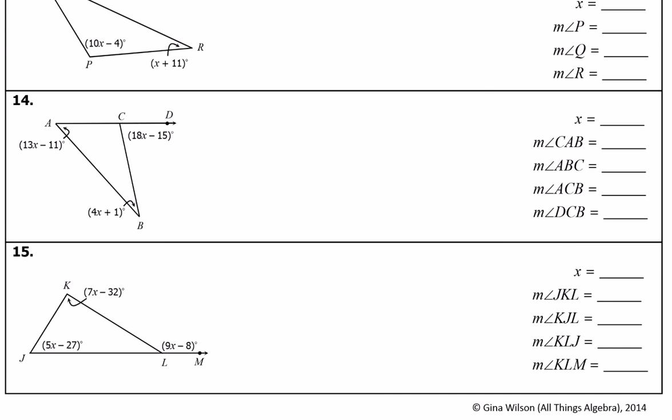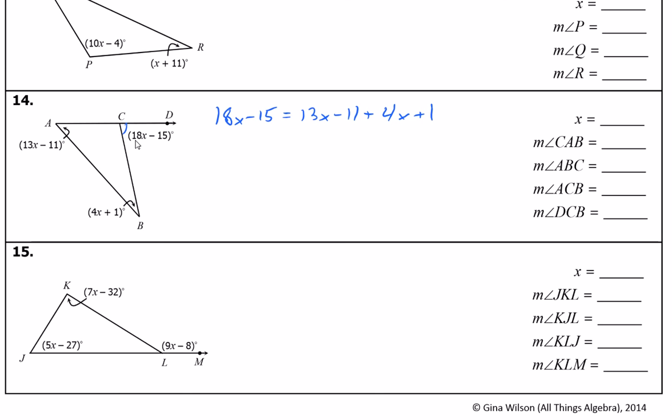You can also do this for the exterior angles as well. We've got this angle here, 18x minus 15 being my exterior angle, so it has to be equal to the sum of the two remote interior angles, or A plus B. So we're going to do 18x minus 15 equals 13x minus 11 plus 4x plus 1.